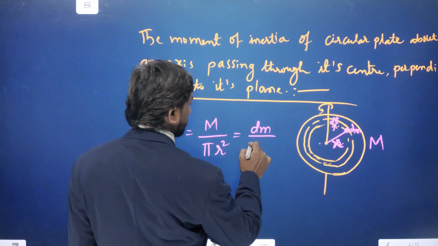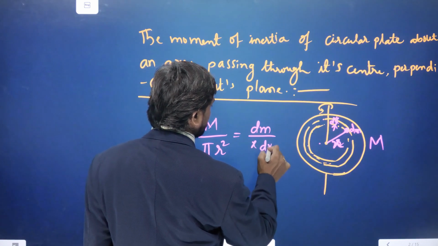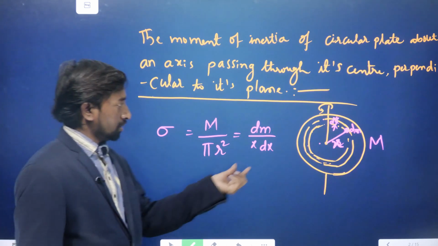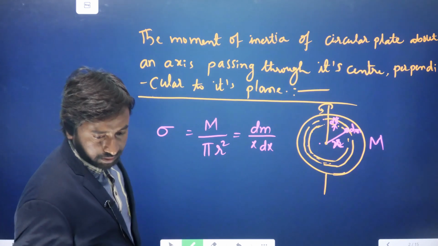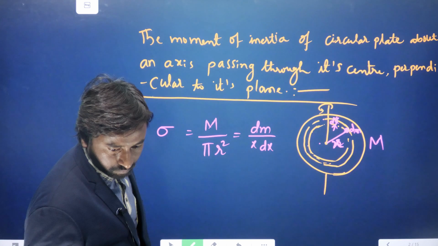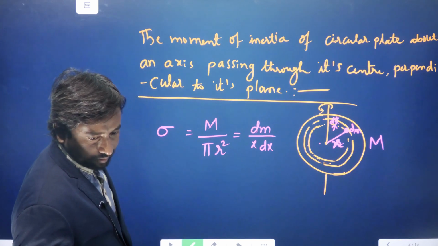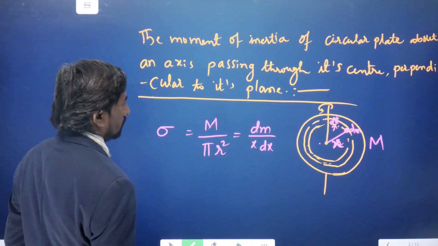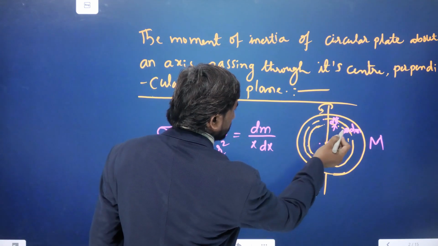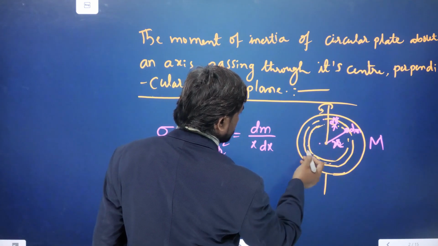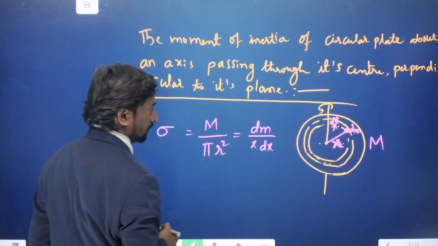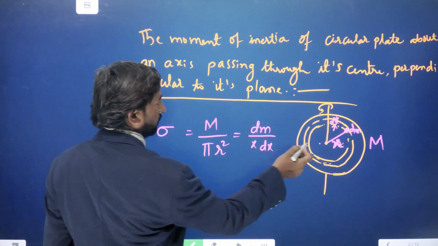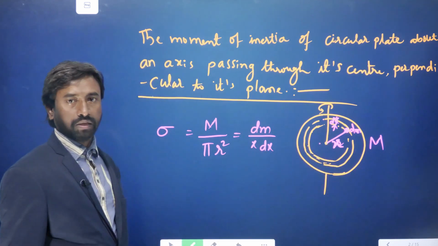So the mass per unit area, we can write x into dx, that is the area. And this dx is there throughout the circumference of a circle. Generally the circumference of a circle is 2 pi r.